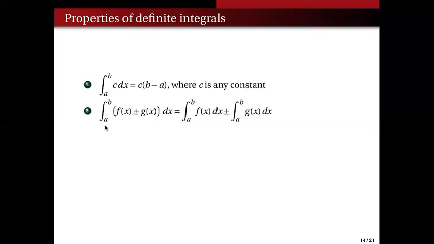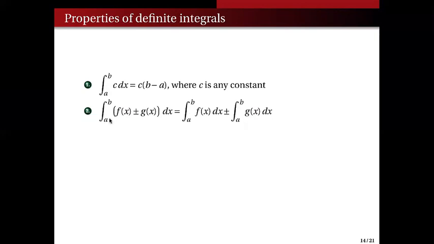If you have the integral from a to b of f of x plus or minus g of x dx, provided the integral exists, then you can distribute this integral sign. Integral of f of x dx from a to b, plus or minus depending on which sign you use here, integral of g of x dx from a to b.